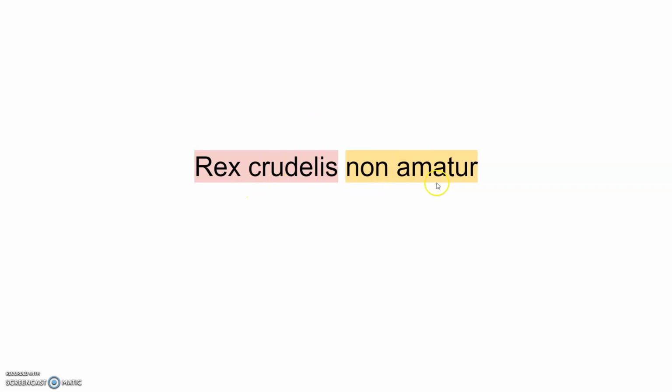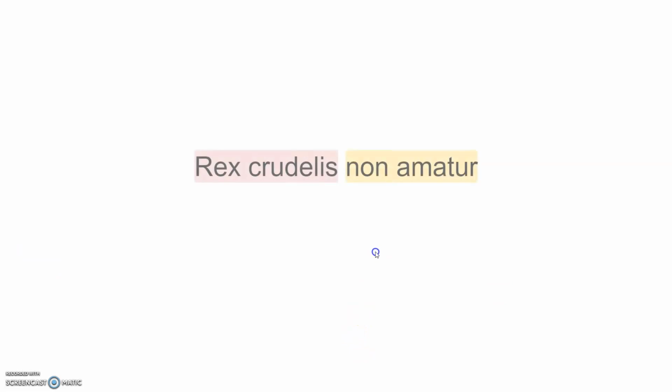Rex crudelis non amator. The cruel king is not loved. There is no direct object because it's a passive verb. We have the tur ending, meaning the subject is receiving the action, or in this case, not receiving it. This is just subject, passive verb, and that's it.